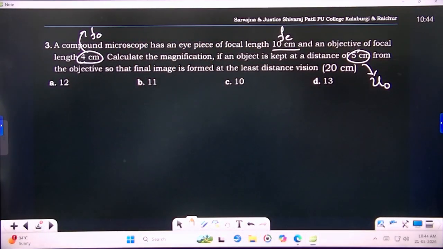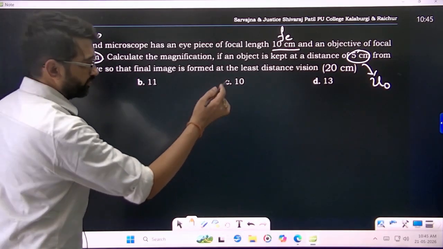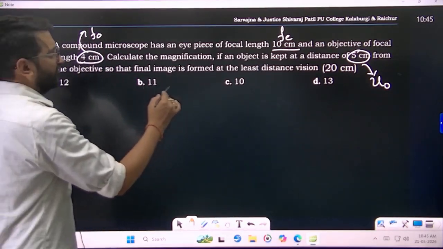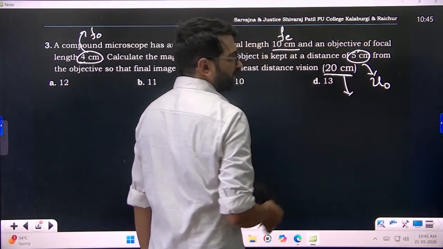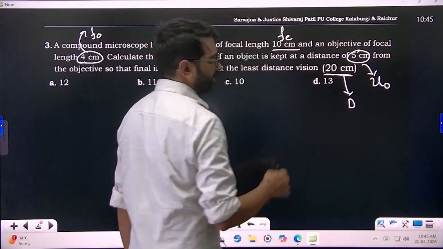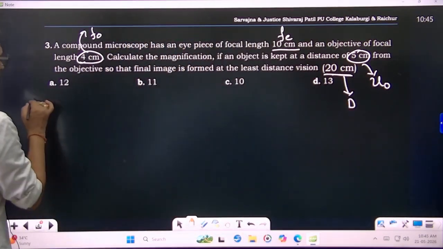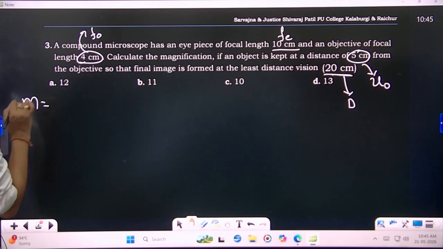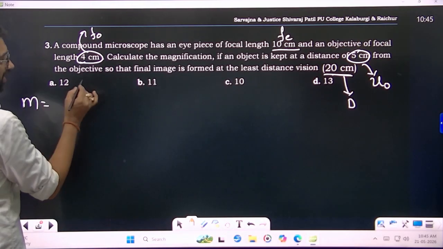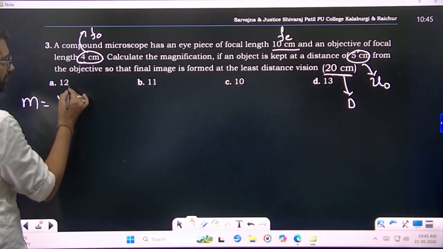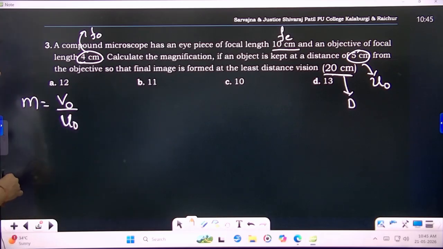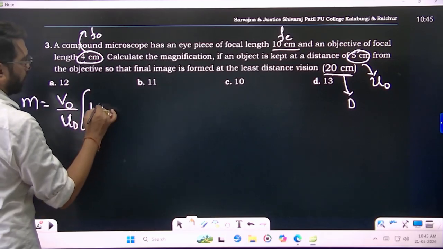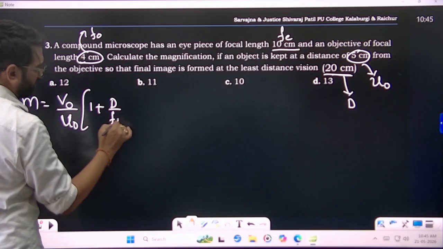The distance of the object from the objective is u0, so that the final image is formed at the least distance of distinct vision, that is D. So we know when the final image is formed at the least distance of distinct vision, the magnification is, with a minus sign, though minus is not given here. So we will go with v0 by u0 into 1 plus D by fe.